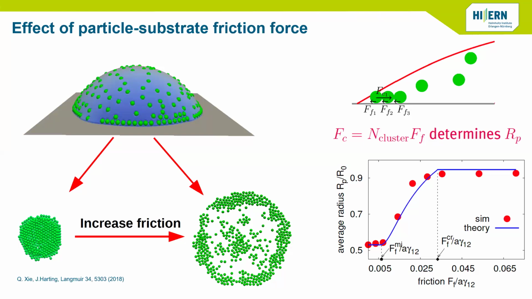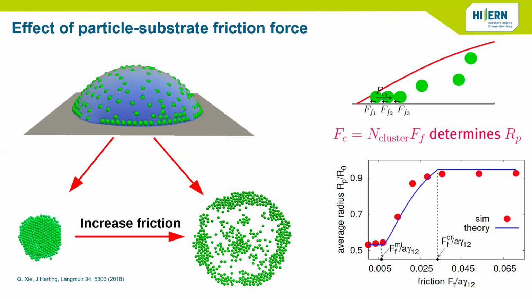And we also try to develop a simple theoretical model to predict the average radius of the deposit after drying. We set the balance of capillary force and the friction force at the edge of the droplet, also at the contact line of the droplet.